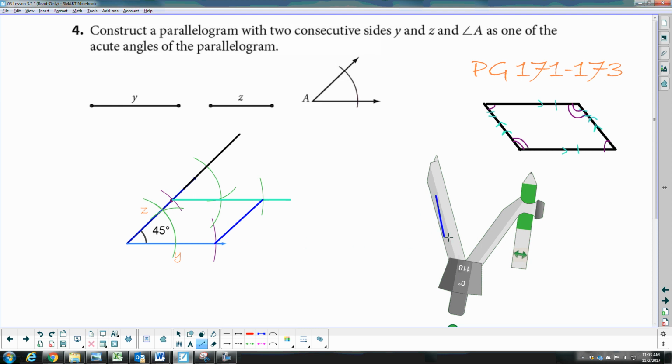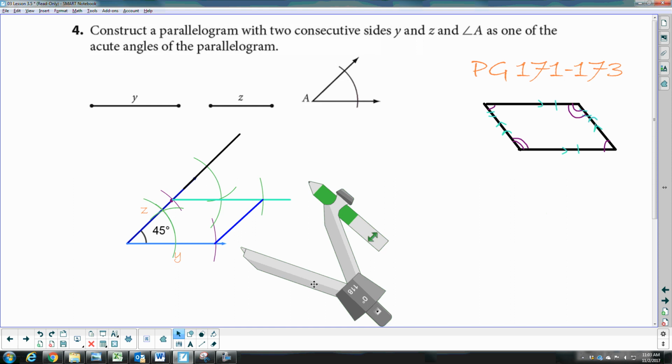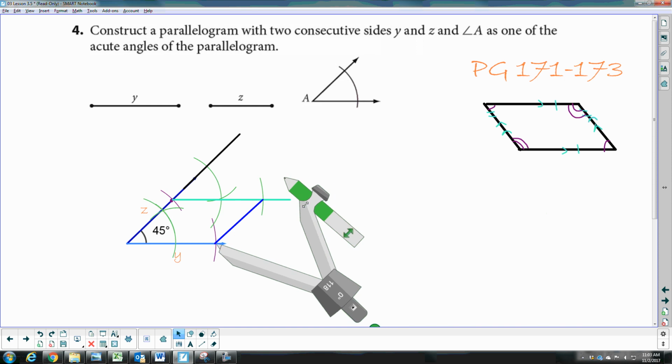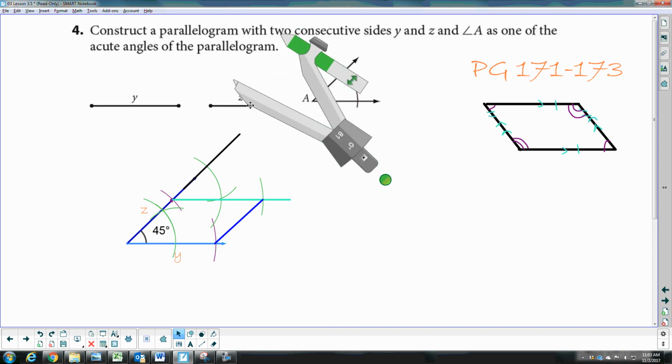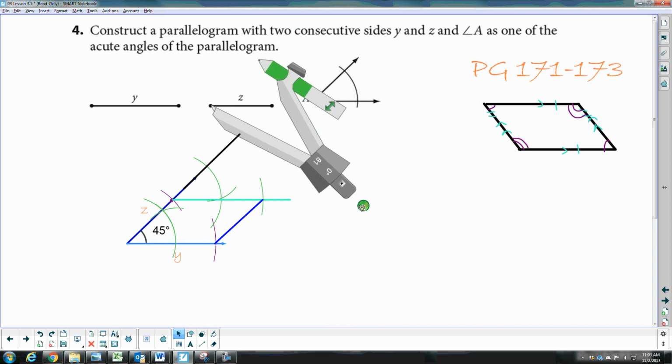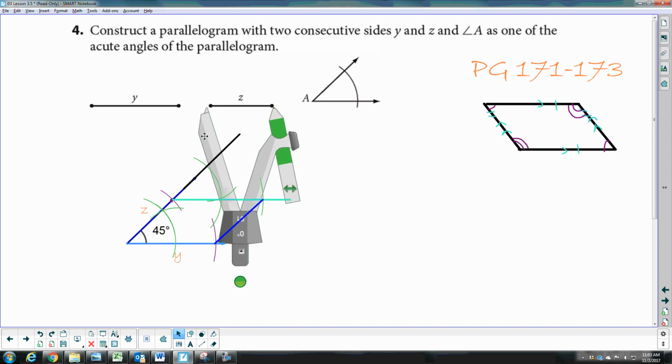And if I measure this, it should give me segment z. So I'm just going to measure just to be sure. Mine's a little off, but there we go. Same measure as segment z.